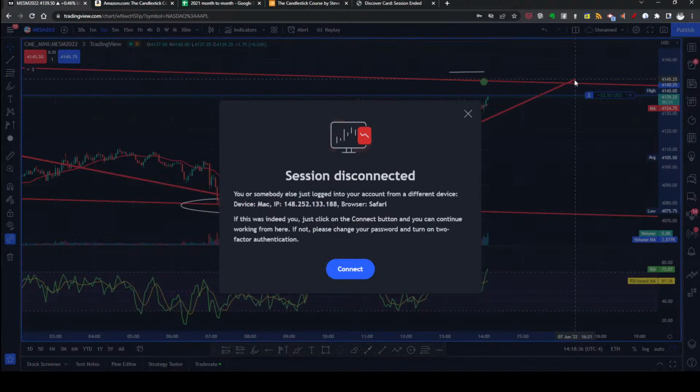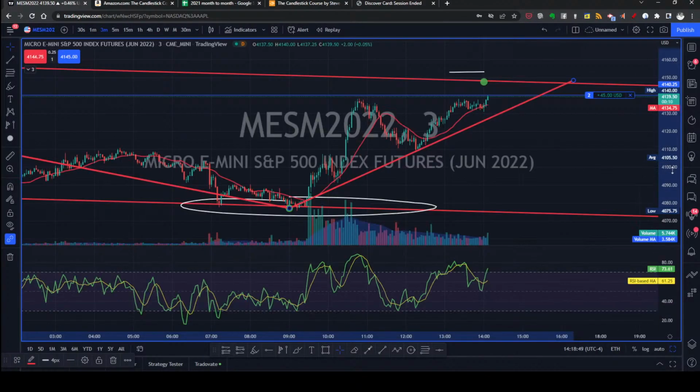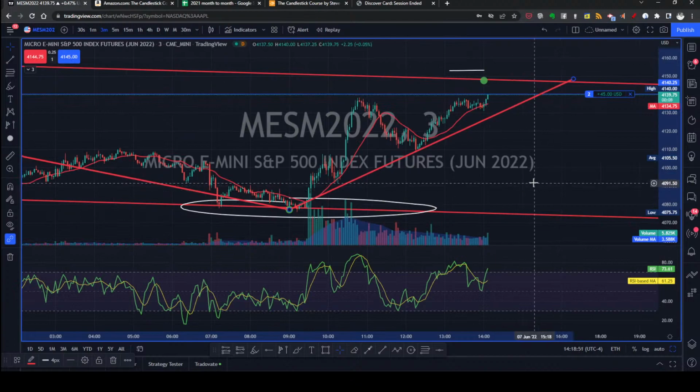So yeah, just following this trend line here. If it was indeed you, just click connect. You can continue working. If not, change your password and turn on two-factor authentication. What the hell? Someone's trying to jack my account. Is that what's going on here?